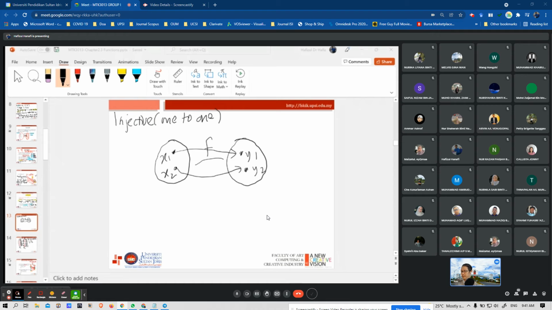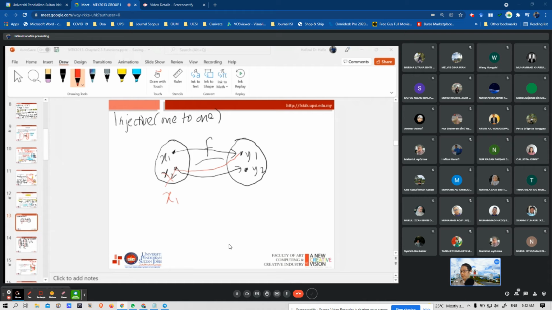If we have x2 and then we map to x1, y1, we can say in disguise that this one also refers to x1. So what it means is that it is injective.